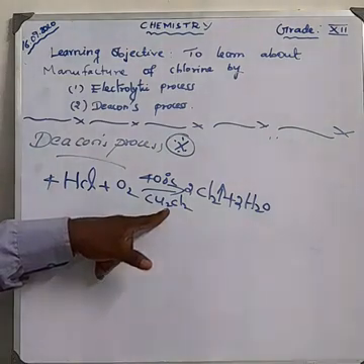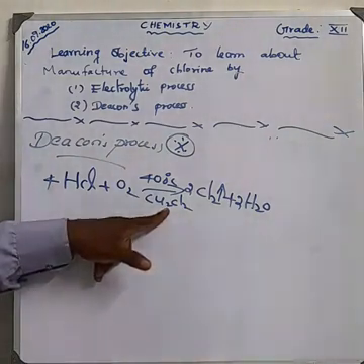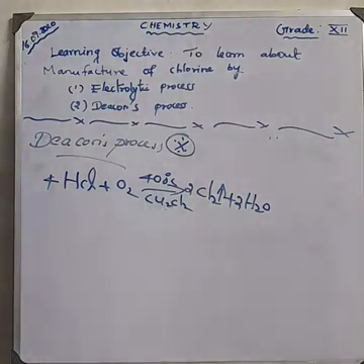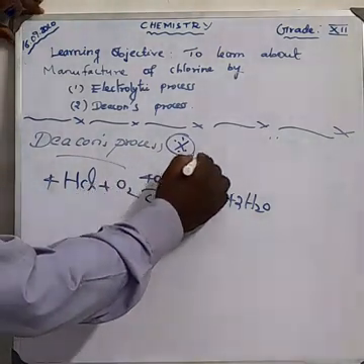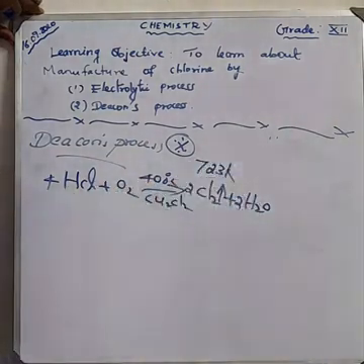The formula for cuprous chloride is CuCl2. Here, hot gas at about 723 Kelvin is passed through the chamber.